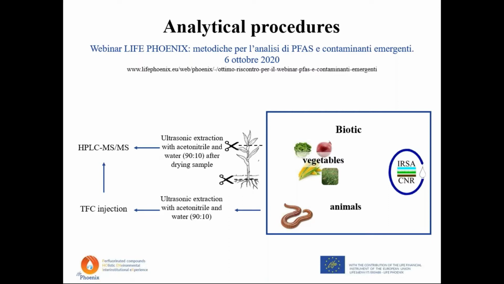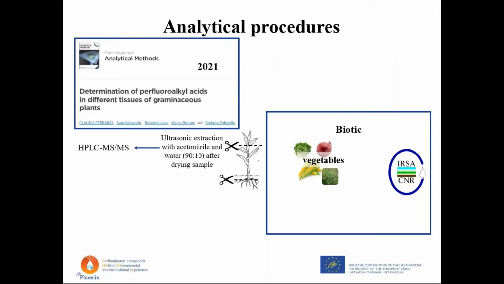These analytical procedures were shown during a previous webinar whose recording is now available on the project website, while the validation of the method for the determination of PFAS in plants was recently published.